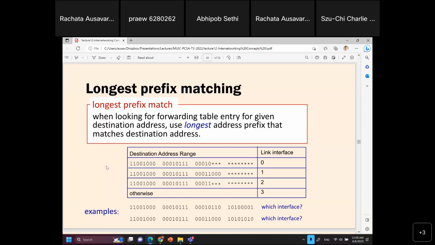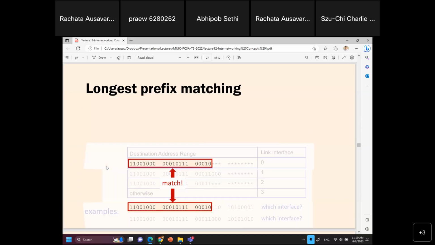The way I'll do that, they have an incoming packet. Again, they'll have the destination. The way I detect what subnet I forward to is I just match and pick the longest prefix. Whatever is the longest, I go there. For example, the first example maps to this bit, so you go to link 0.